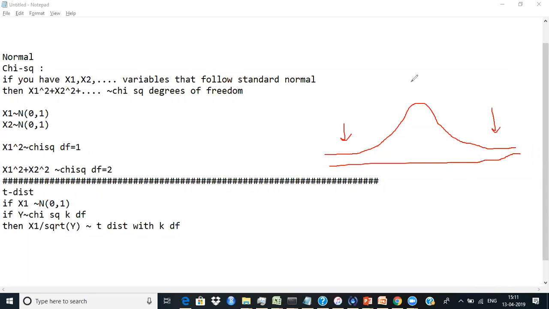Now, it is still a bell, right? You have pressed it down, but it's a flattened bell. Since it is a bell, it will be symmetric. So T distribution is symmetric about its mean, which is equal to mode, which is equal to median. It looks just like normal, but pressed down.